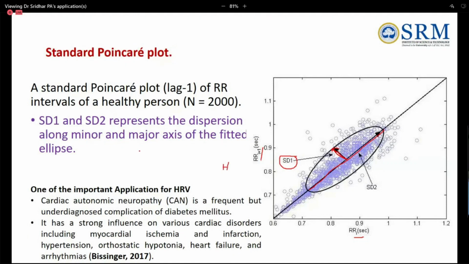So this started based on a particular condition, cardiac autonomic neuropathy. If you have heard about this, it was recent, or it has been there for a longer time. When diabetic patients started to increase, they started to notice this cardiac autonomic neuropathy.